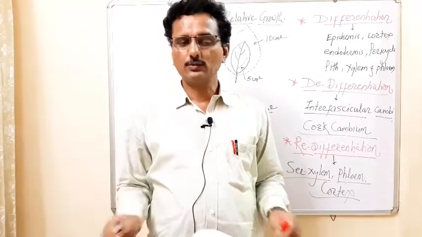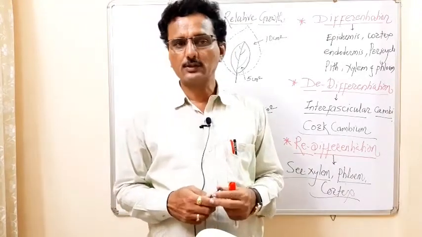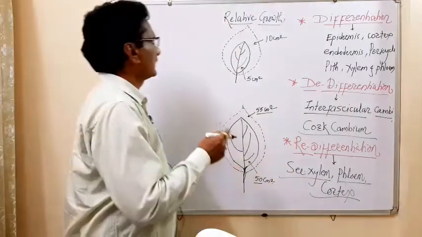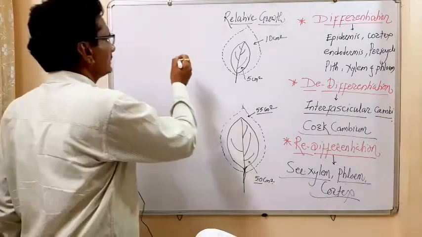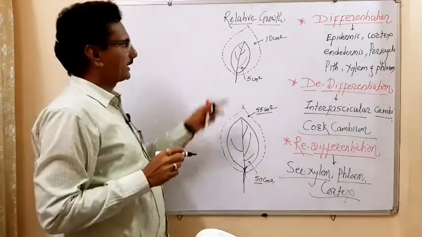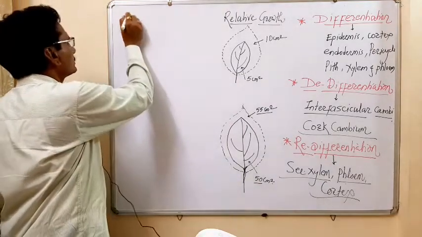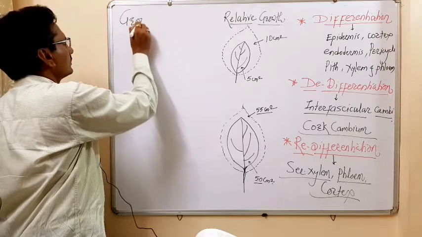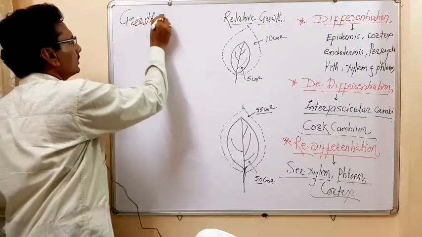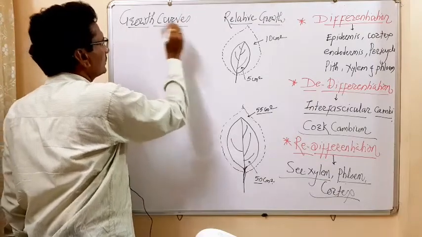Student, in today's CET lecture, we are going to solve the questions based on these three parts. The first one is relative growth. The second one is the types of growth curves.